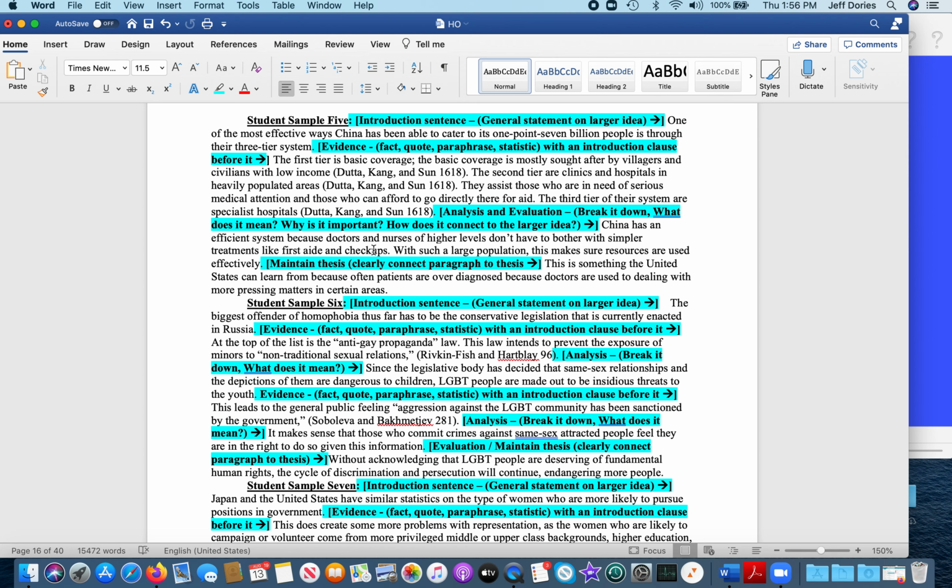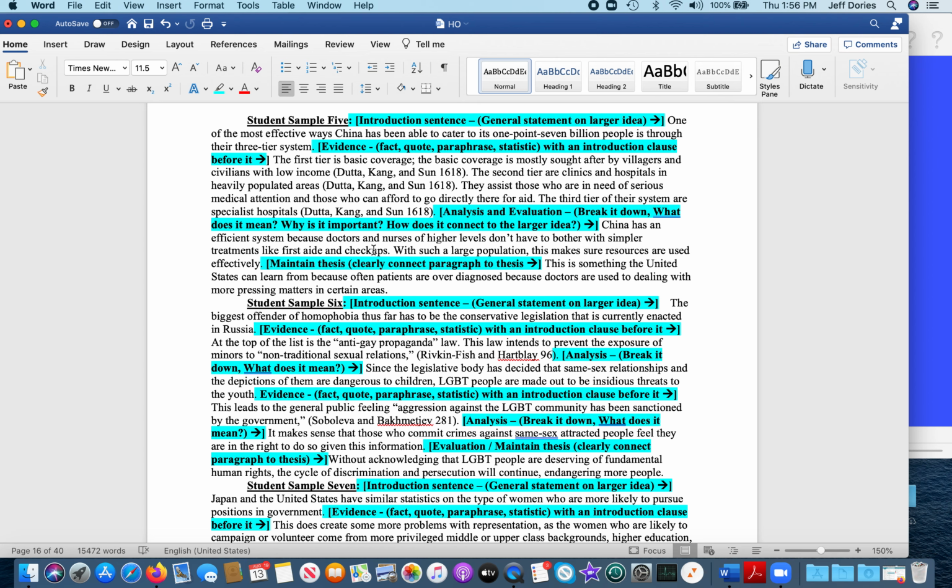So you could say one of the most effective ways China has been able to cater to its large population is through the structure of their healthcare system, right? And that would be more general, and that's something that doesn't need to be cited. Okay, so now their evidence.